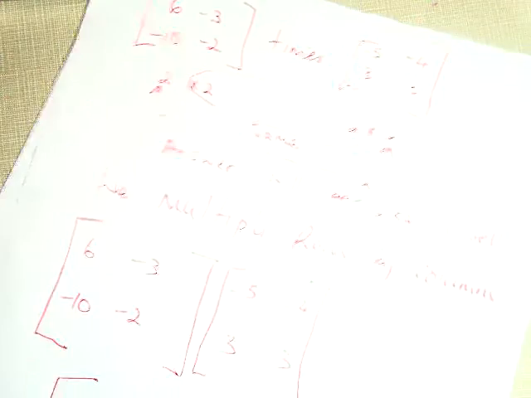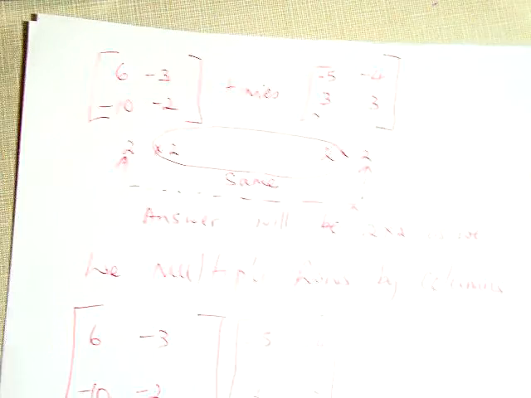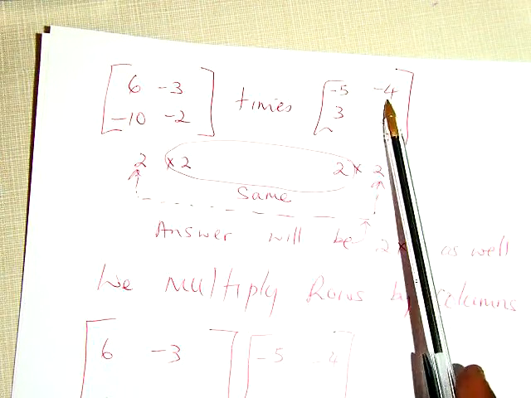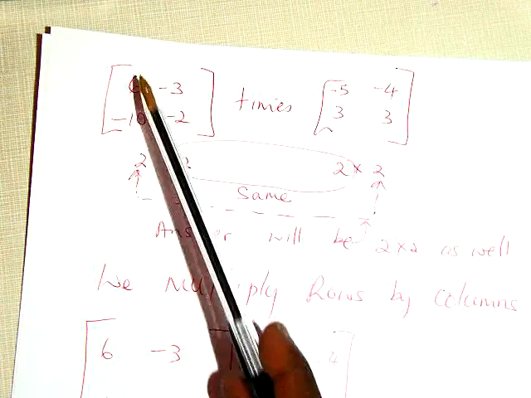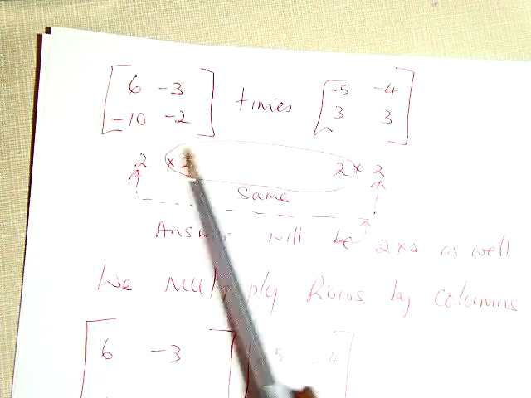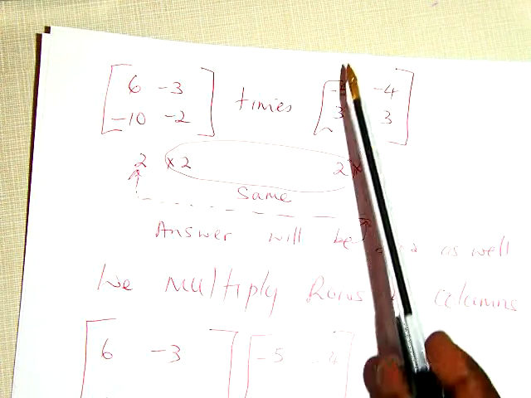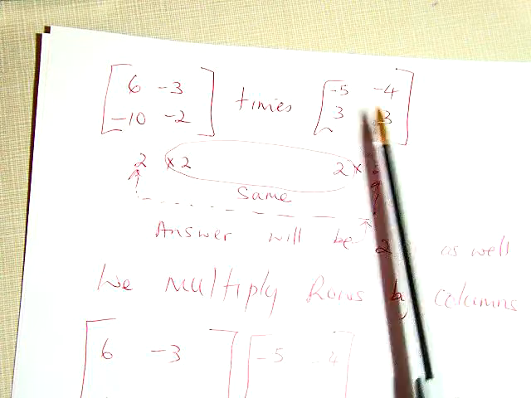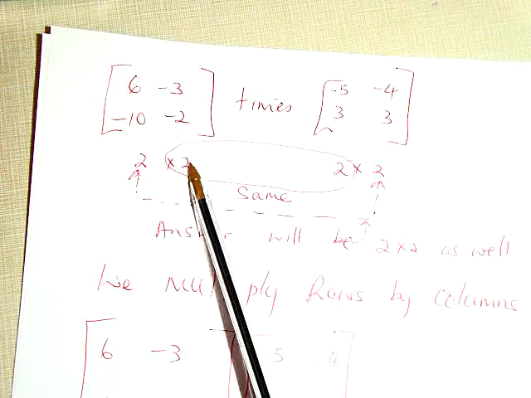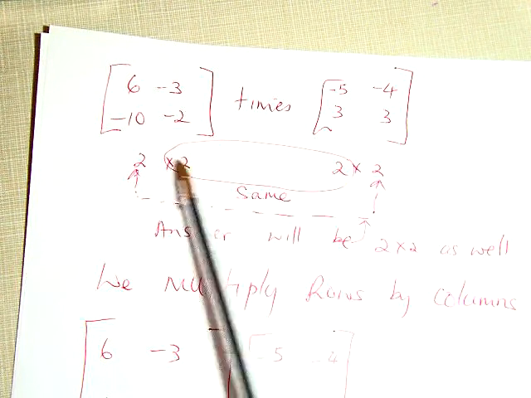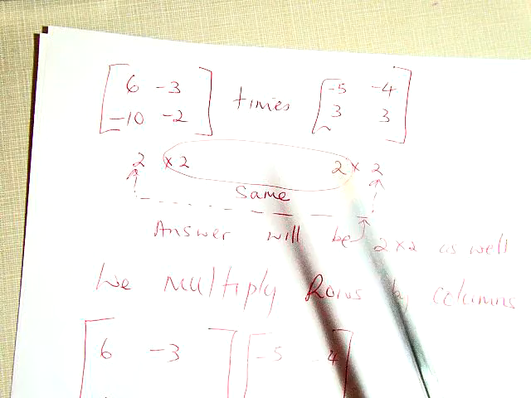Now, let's look at an actual example that has real numbers in it. So if I'm multiplying this 2 by 2 matrix by another 2 by 2 matrix, so I have 2 rows and 2 columns, and I'm also multiplying it by another 2 rows with 2 columns. So the number of columns here matches the number of rows here, so we can multiply them, and the answer is also going to be a 2 by 2.